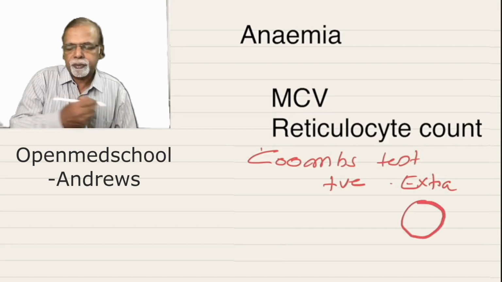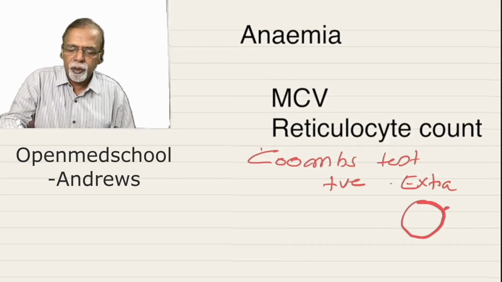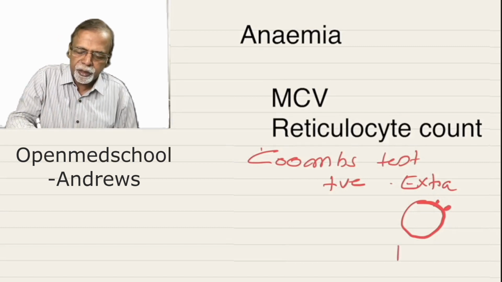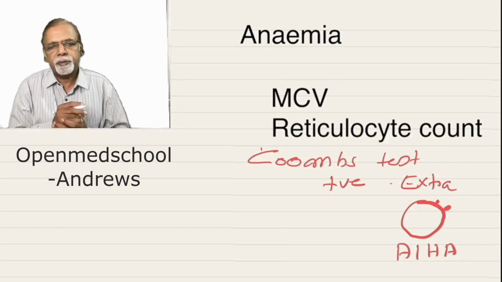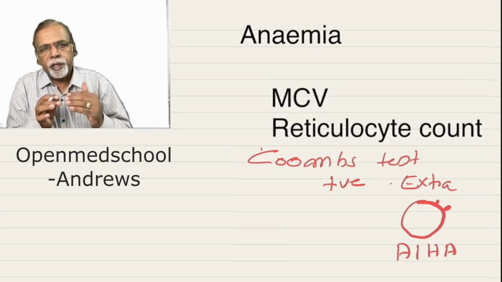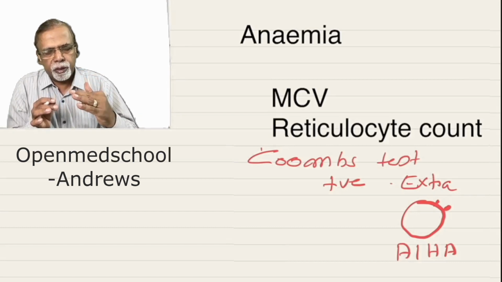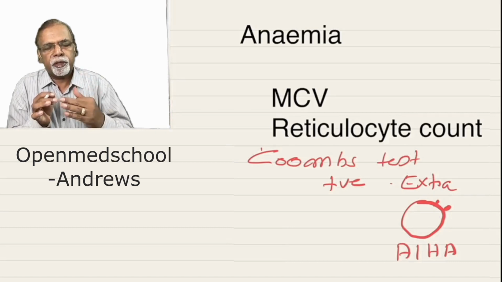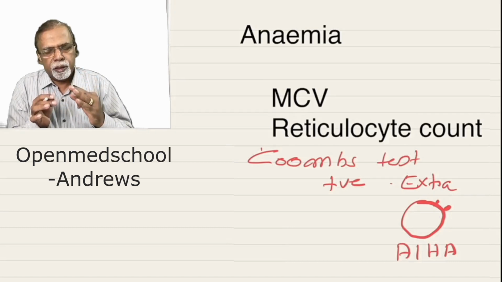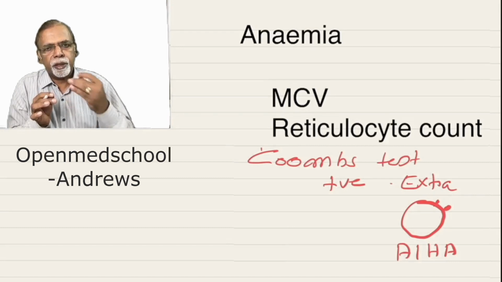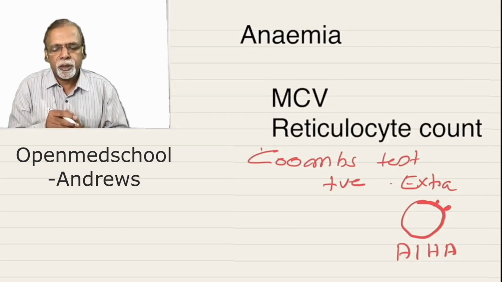Immunoglobulin is the problem, and the classical condition is autoimmune hemolytic anemia. In autoimmune hemolytic anemia there will be anemia, second, there will be hemolysis indicated by jaundice and other factors. The reticulocyte count and the corrected reticulocyte count will be increased, and you will get a Coombs test positive.